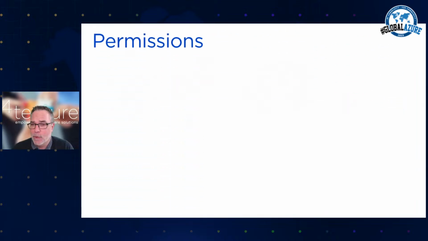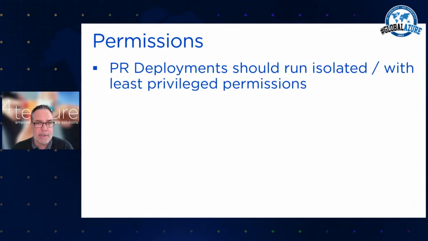Then permissions. What do we need to know about permissions? In general, a PR deployment should run with a very isolated permission set. Preferably, you completely isolate production and test environments. We often go so far that even though we have multiple PR deployments side by side, each PR deployment has its own permissions for database access and resource access in Azure.